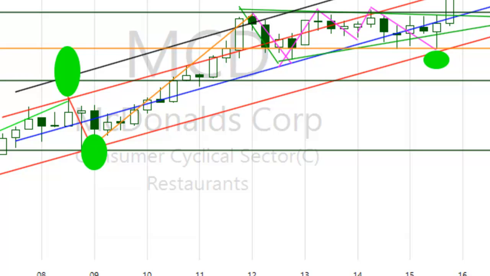This is not an exact science, but very often, talking about high probability, the fifth Elliott wave will be extended. If we see the ABCDE triangle in the fourth Elliott wave, we will expect that the fifth Elliott wave will be extended.